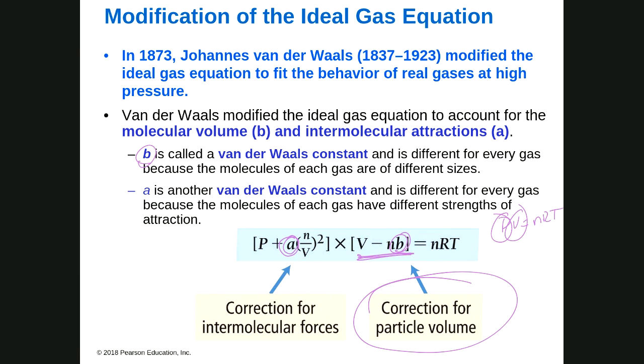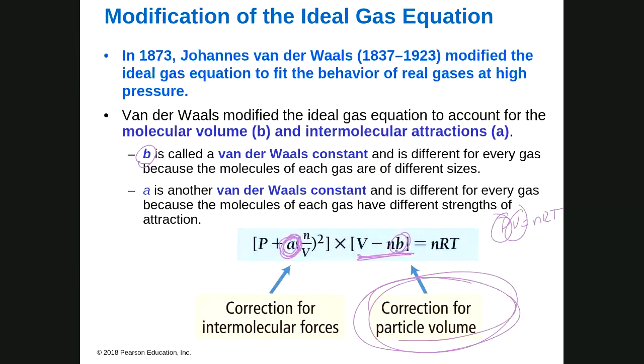The A constant is the intermolecular forces, because when you heat them way up or cool them way down, you are changing the interactions between the molecules. These are different for every gas. So the B factor corrects for the molecular volume, and the A corrects for the intermolecular forces.